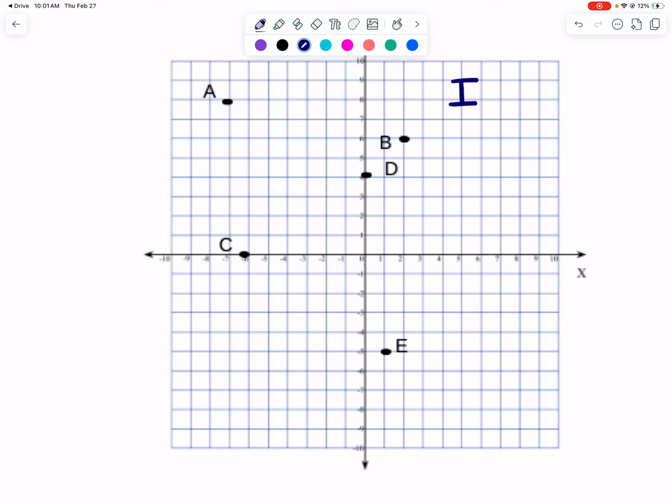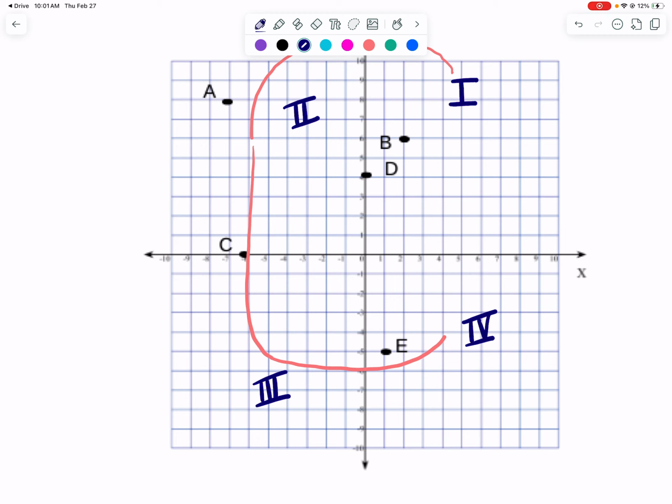And then I told myself to make a C. So I'm going to make a C. I hope I was telling the truth. That means this would be quadrant 2. This would be quadrant 3. And this would be quadrant 4.